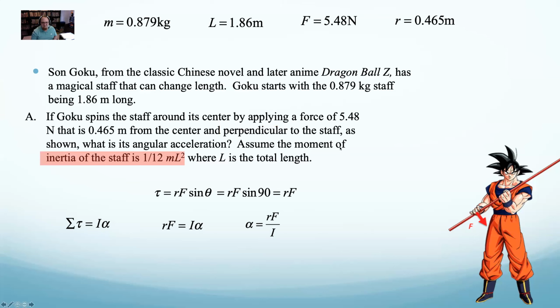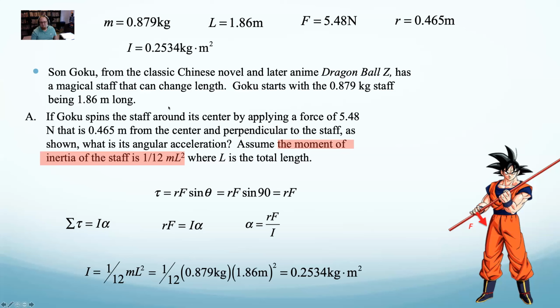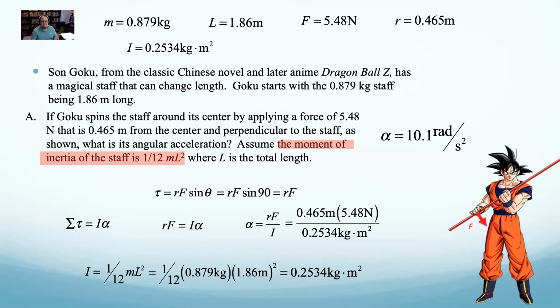I said the moment of inertia is 1/12 m L squared. So that's I, which I can solve for. Allow me to plug in my values for alpha. That's the angular acceleration. Questions on part A, which has nothing to do with momentum yet?